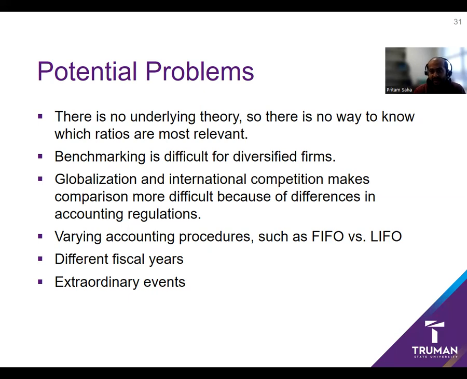Maybe one corporation follows a January to December fiscal year, while the other corporation you want to use as a competitor follows maybe an April to March fiscal year. Those different time lengths are sometimes a problem for comparison. So these are some potential problems that impede us from doing good ratio analysis.